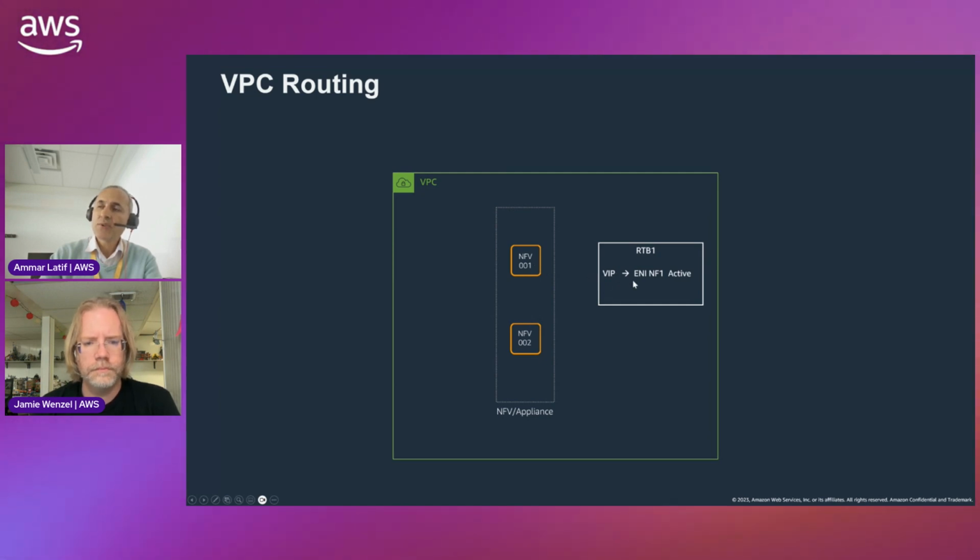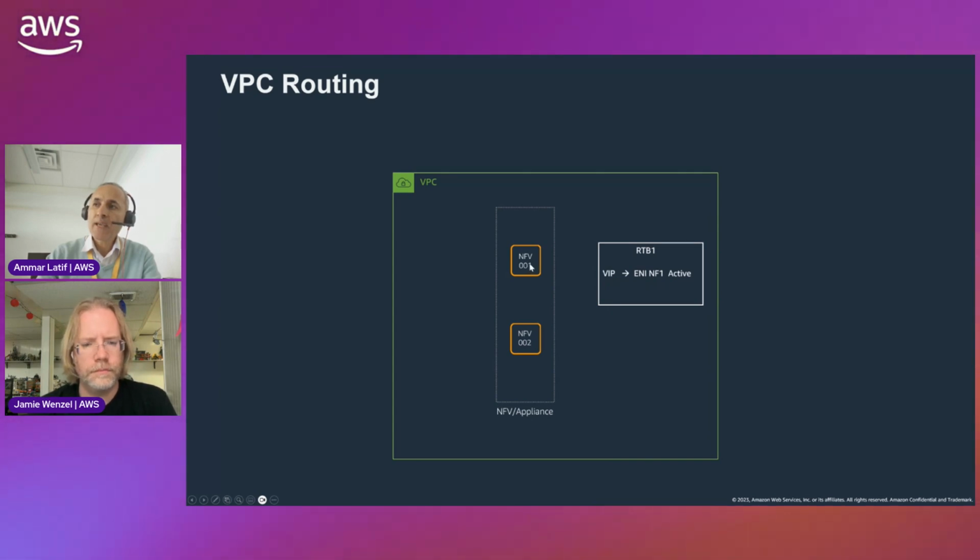So any traffic that goes to this virtual IP, and again, virtual IP is a concept that we in the networking space have been using heavily, right? A loopback or a virtual IP. We point that virtual IP into the ENI of NFV1. So traffic going to this VIP will go to this ENI. VPC will send the traffic to this ENI.